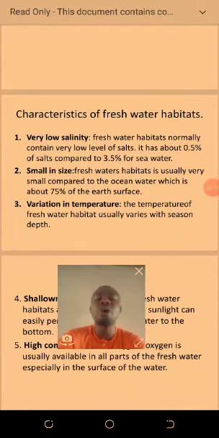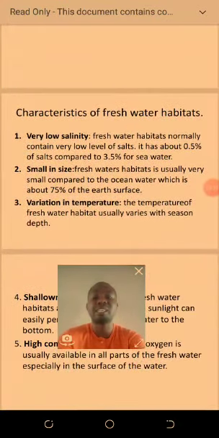The second characteristic is small size. They are not like the ocean, which covers about 75% of the earth. Their size is small.